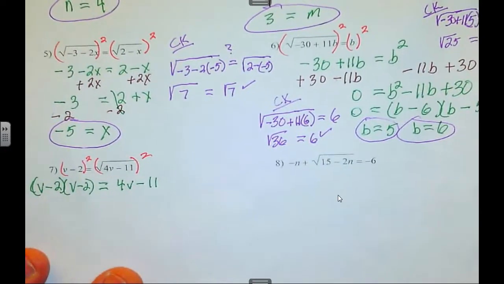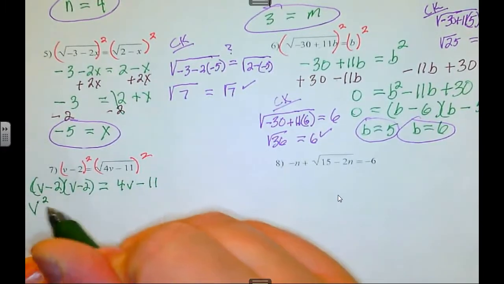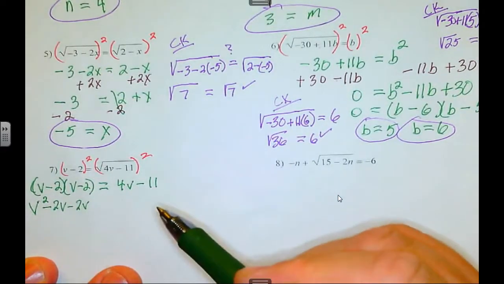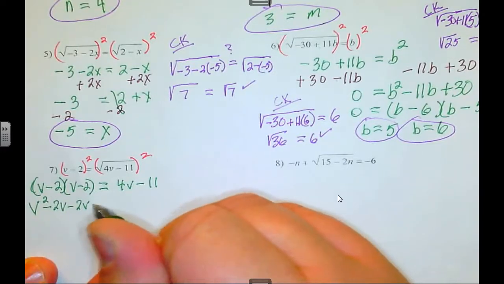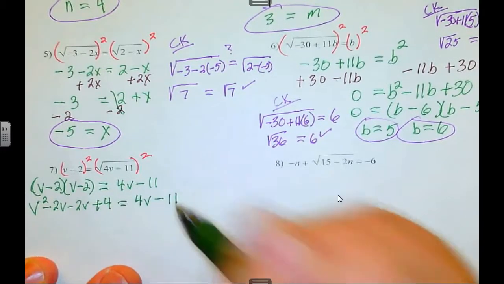Let's see, b squared minus 2b minus 2b plus 4 equals 4b minus 11.